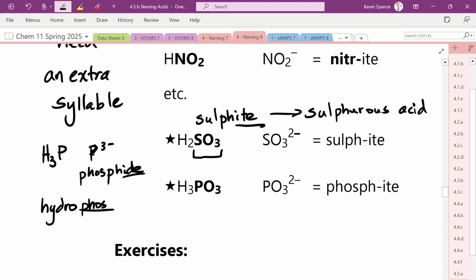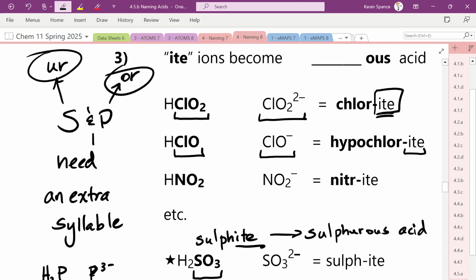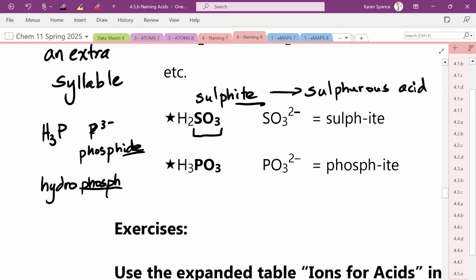Now, normally I would just say phosphic, but because it's phosphorus, I need an extra or. So instead of just phosphic, it's going to be hydrophosphoric acid. Okay? So that is just a quick review of naming acids.